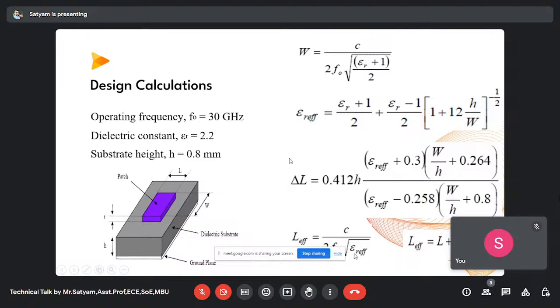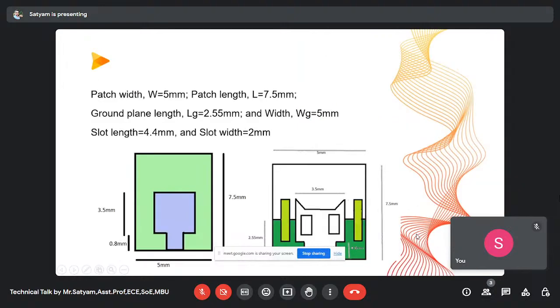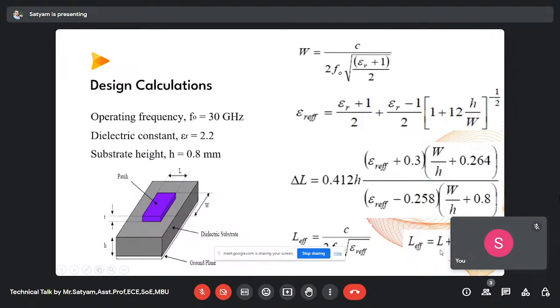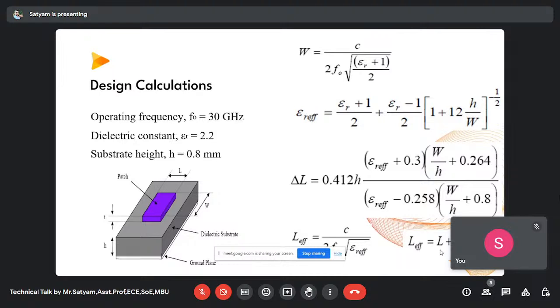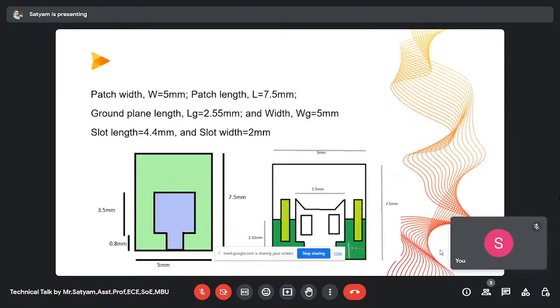And then once we calculate all four, at the last we calculate the length of the patch. L is equal to L effective minus 2 delta L, right? So we start our calculation with the width of the patch, and we end our calculation with the length of the patch. This is the design flow for any microstrip patch antenna for that matter.